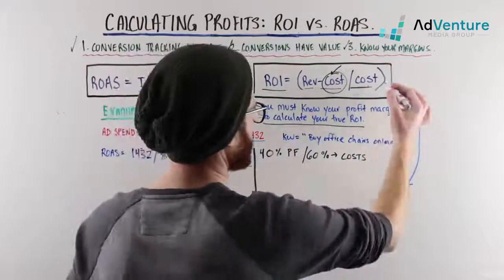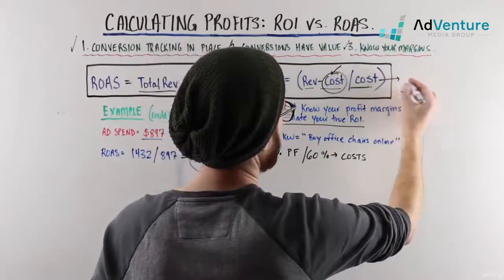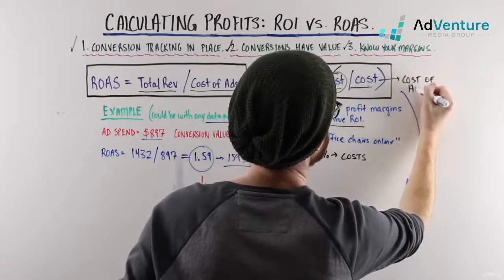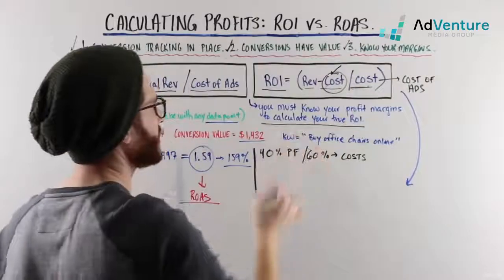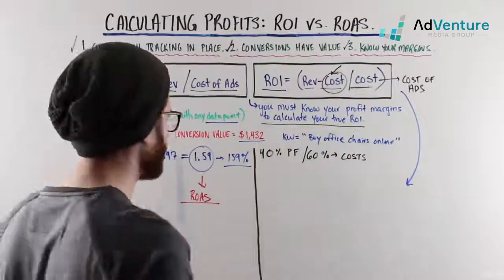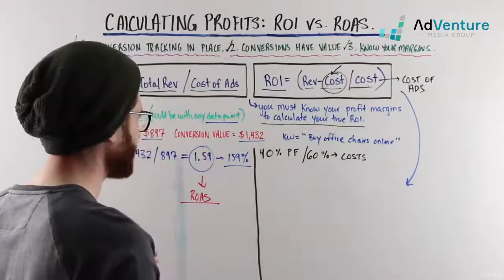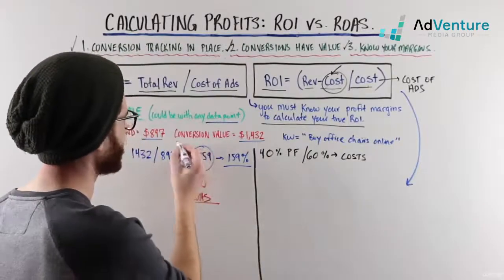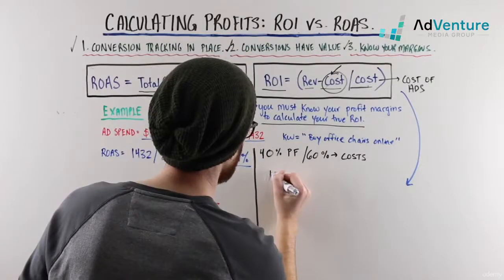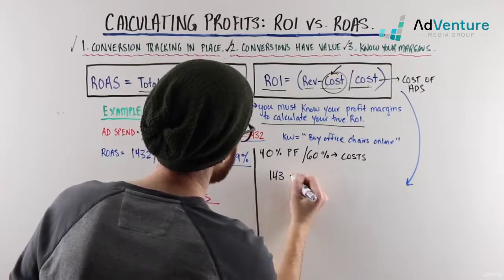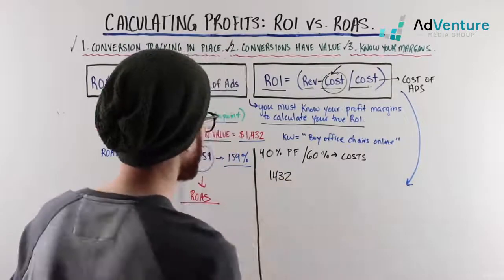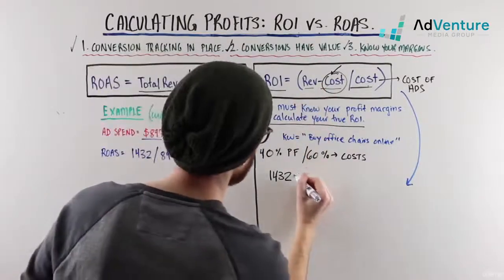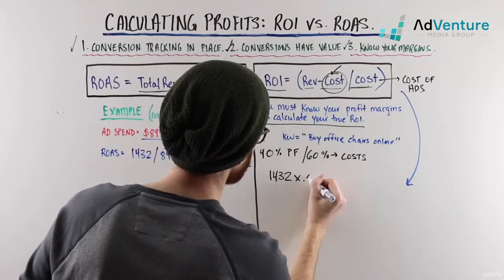And just for clarity's sake, this divided by cost, this is really cost of ads. This cost is the cost of doing business. So I do the same thing, right? I take my total conversion value, which is 1,432, and to get my cost of doing business, I have to multiply that by 0.6.